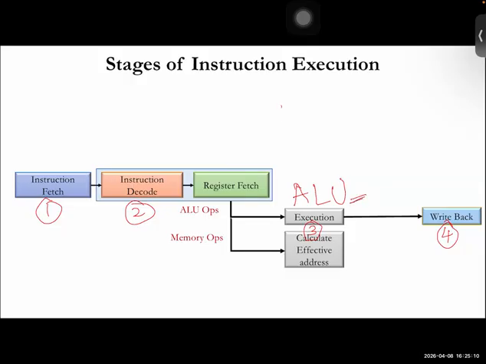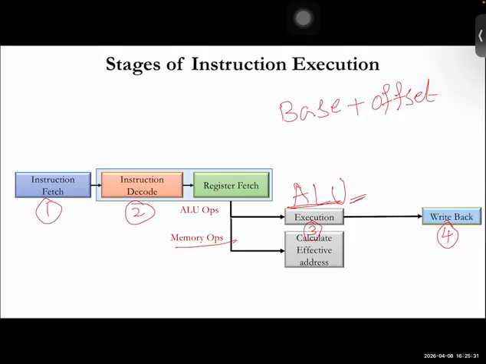How does it compute it? The effective address, which we discussed in addressing modes, is the base address plus offset. So the ALU output for a memory instruction is the effective address.